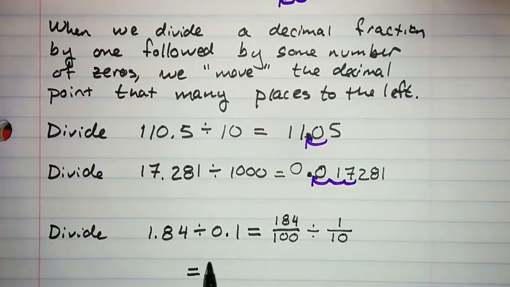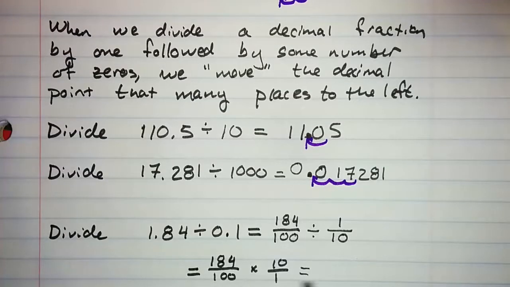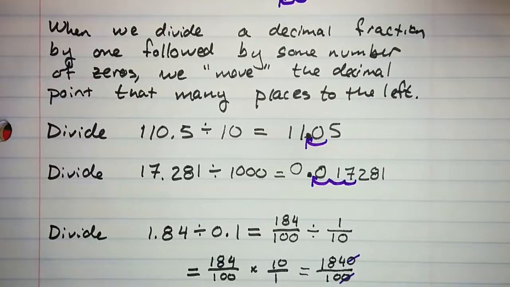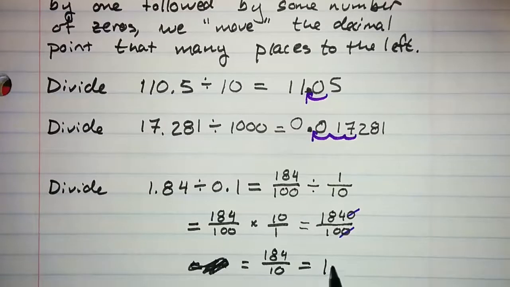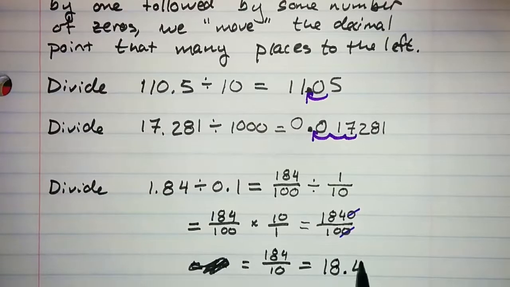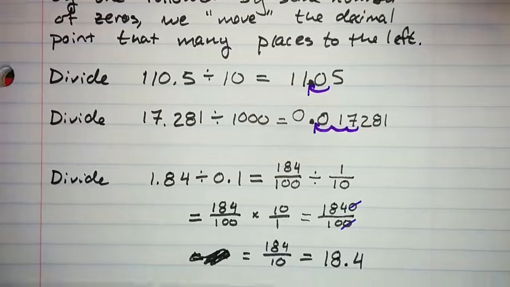Rewrite that as multiplication. We'll have 1,840 100ths, canceling a common factor of 10. I'll get 184 tenths, or in decimal notation, 18.4.